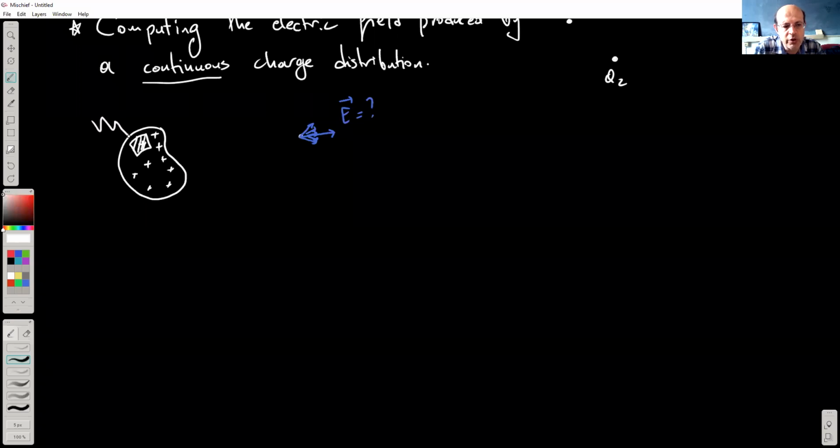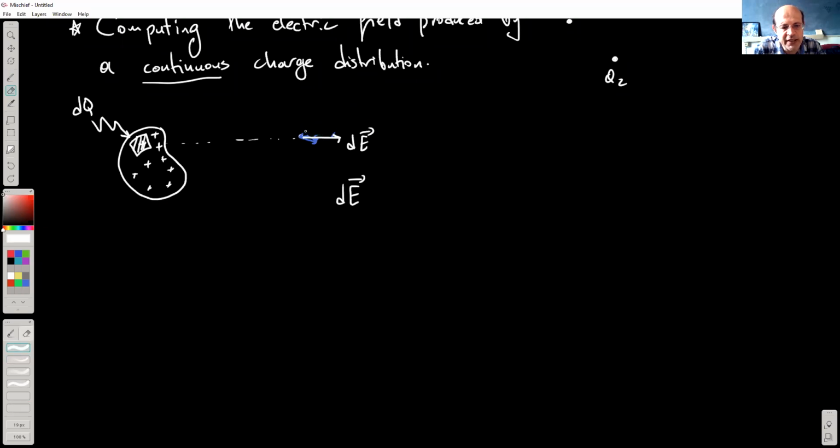We call the charge on each small piece dq, and the electric field produced by this charge right at that point would be usually denoted by dE.